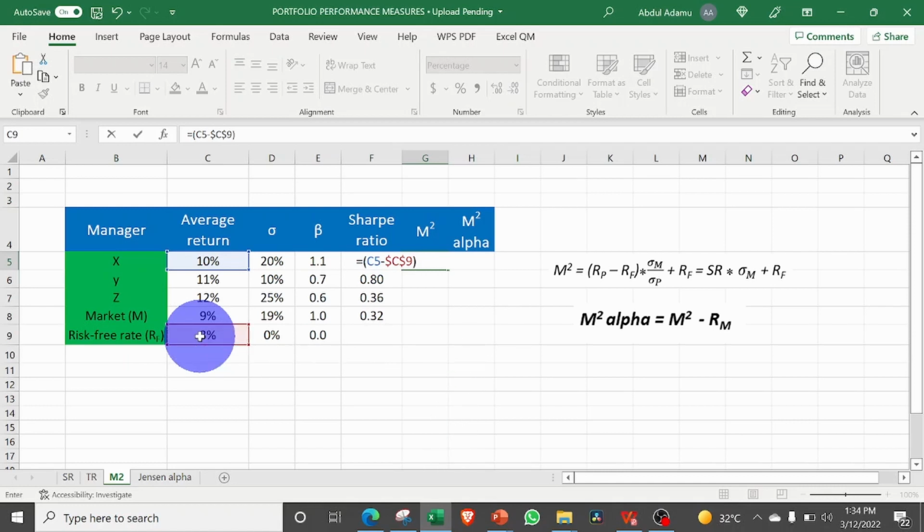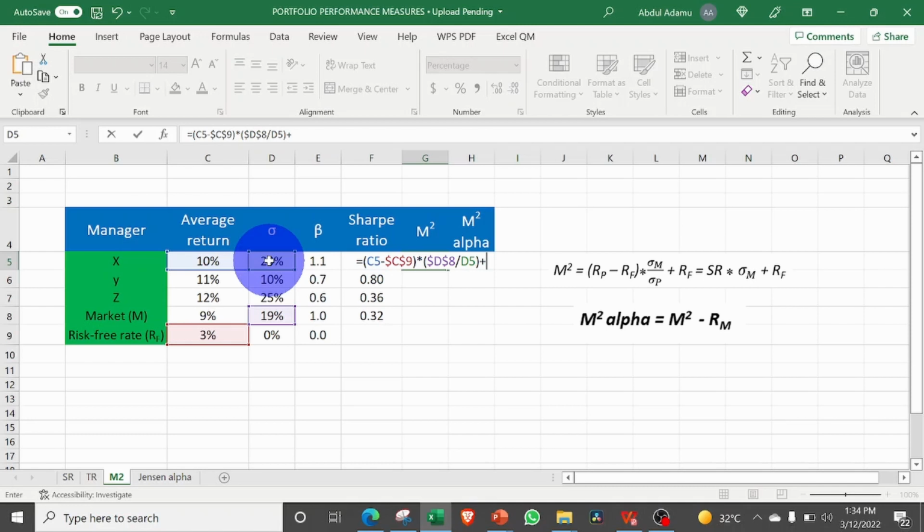We multiply it by bracket open the standard deviation of the market, which is this. We are going to lock it because it's common to all, F4, divide by the standard deviation of the portfolio. We are not going to lock it. We leave it like that.